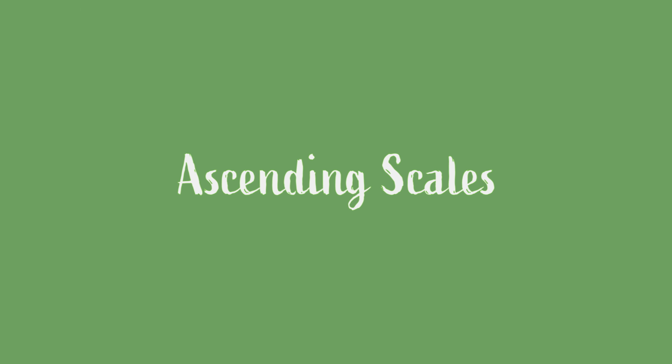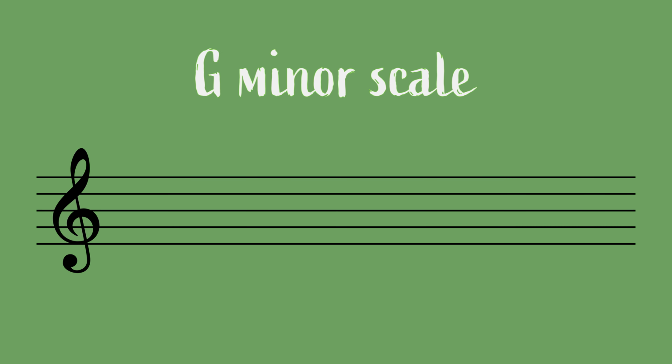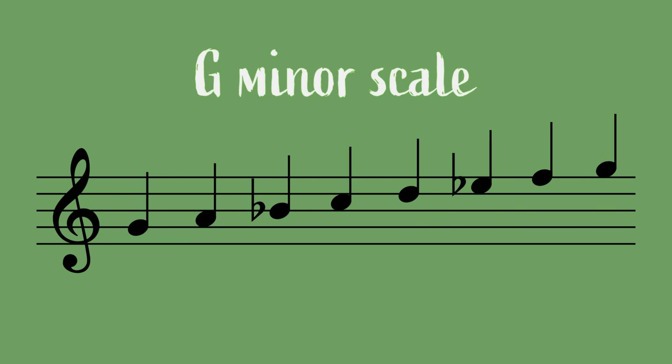A scale does not have to start from the lowest note. As with melodic intervals, you have ascending and descending scales. In this series of videos, we've only been talking about ascending scales so far. If we take the G minor scale, it goes like this. This is an ascending scale, because it goes from the lowest note up to the highest note.